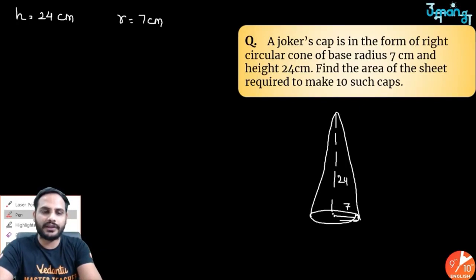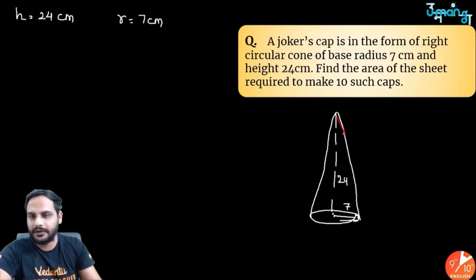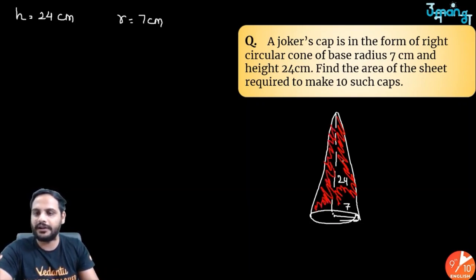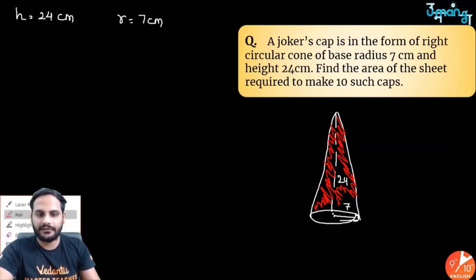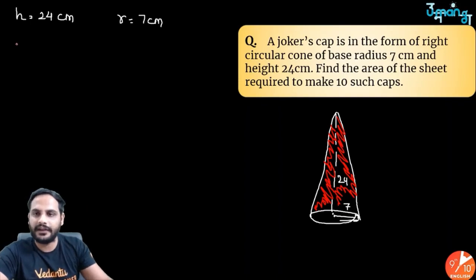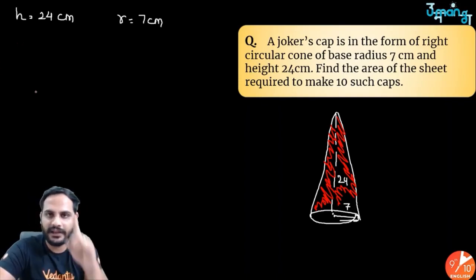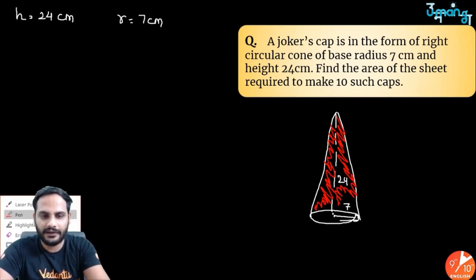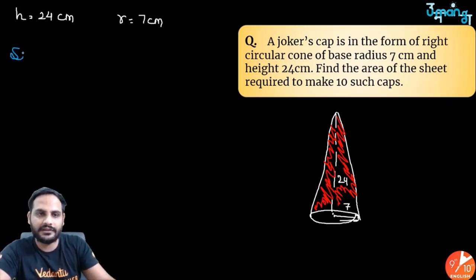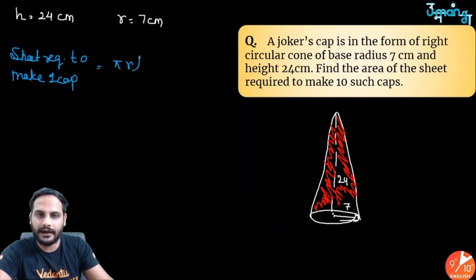Now you know, if I have to make this cap, the material will be used in this curved part. At the bottom there won't be any material. So curved part means only CSA. So the sheet required to make one cap is equal to pi r l.